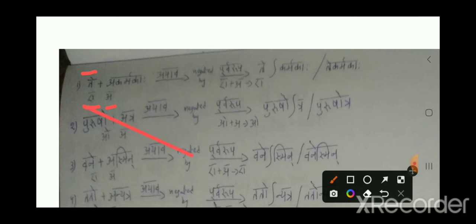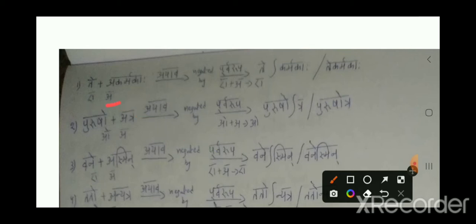Purvarupam means the letter A, which is the preceding vowel. So now in this case, the replacement will be A on both sides, and this A will be hidden.